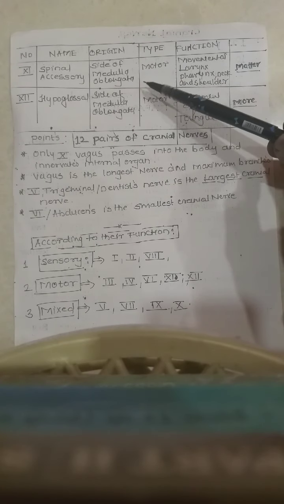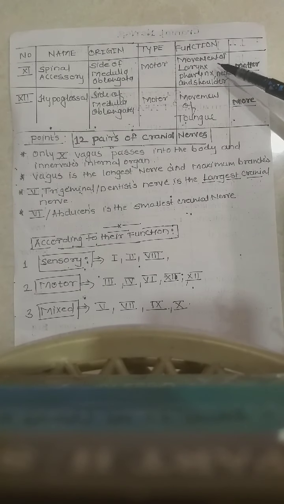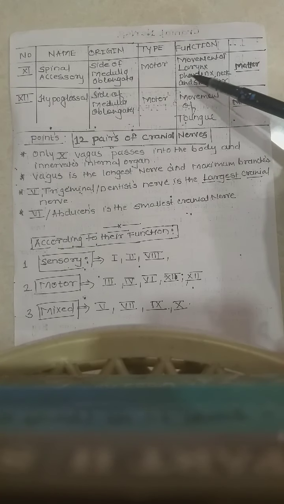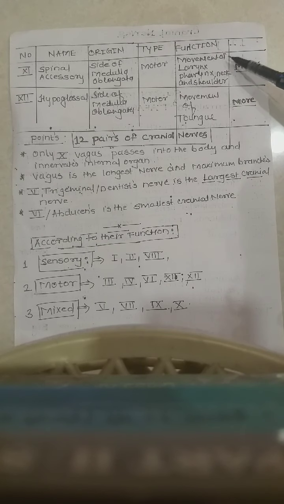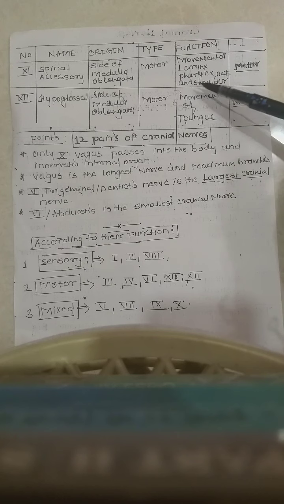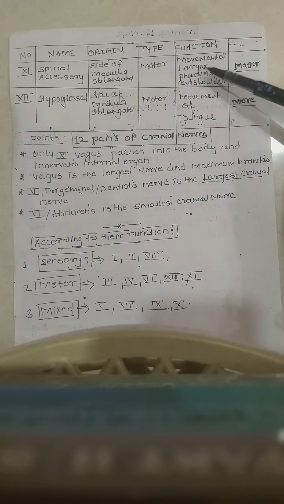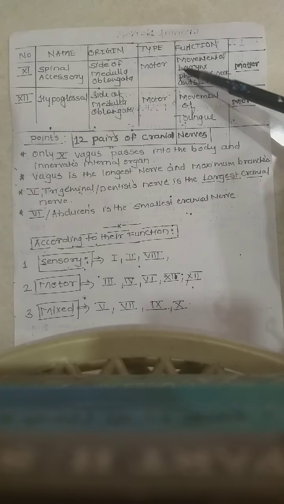Type of this nerve is motor, and function is movement of larynx. Larynx means sound box. As you know, the movement of this larynx is carried out by the spinal accessory nerve, and followed by this pharynx and neck and shoulders. So movement of larynx, pharynx, neck and shoulder is carried out by the spinal accessory nerve, and that is a type of motor nerve.